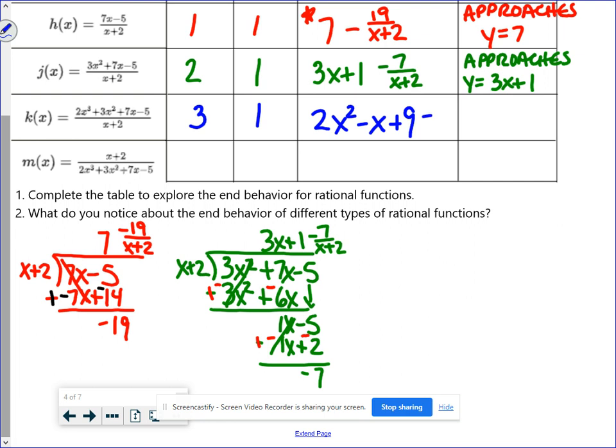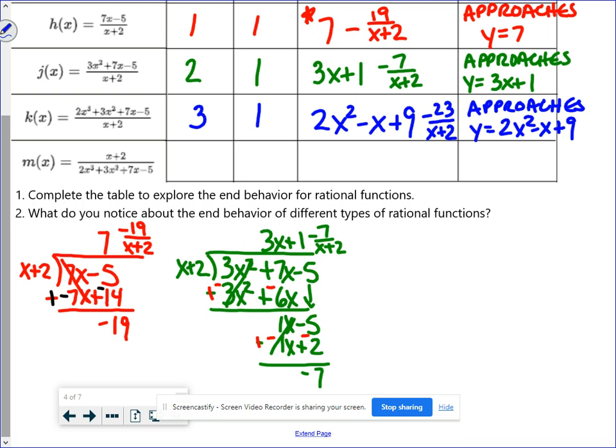So it'll be a negative 23 over x plus 2. And again, that means that my graph is approaching 2x squared minus x plus 9, right? Which is a quadratic. That's going to be a curved line.